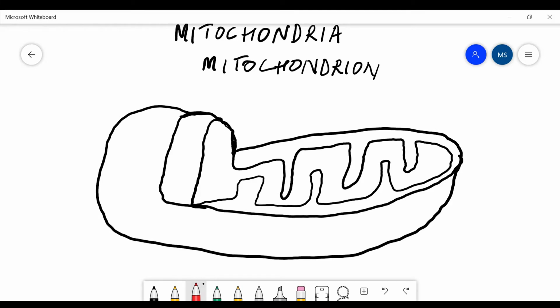So let us shade the two compartments. Here I shade with the red color indicating the inner compartment.